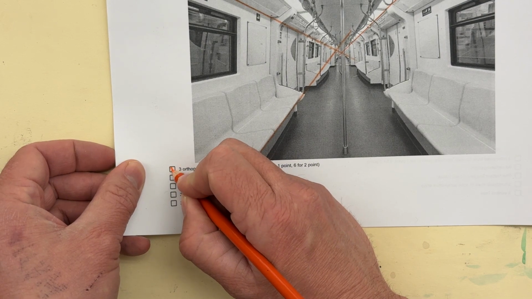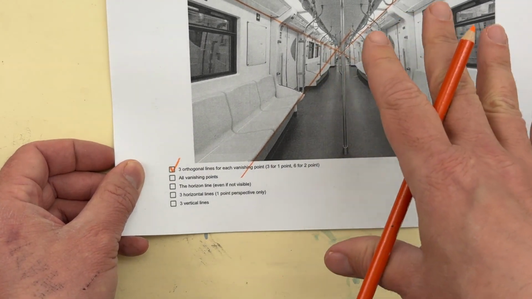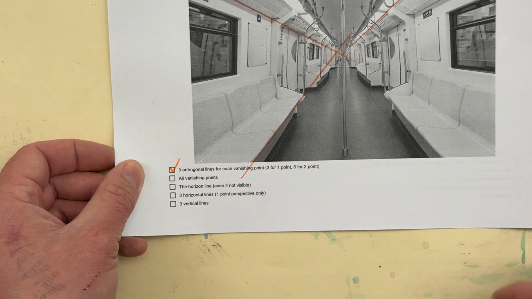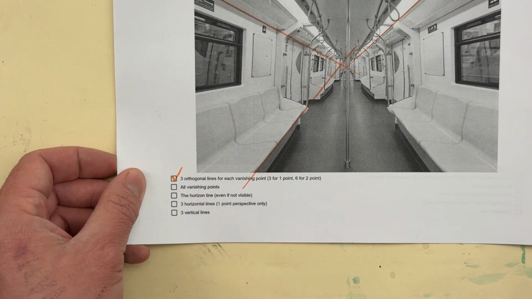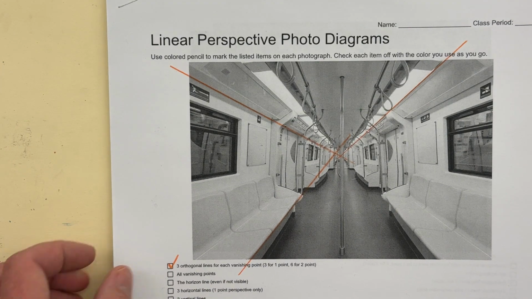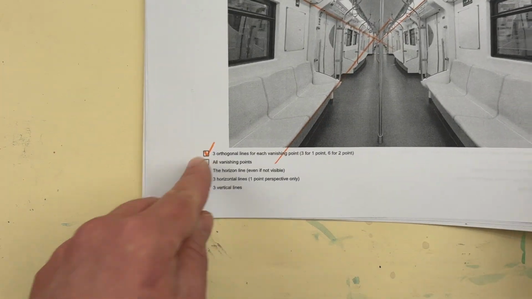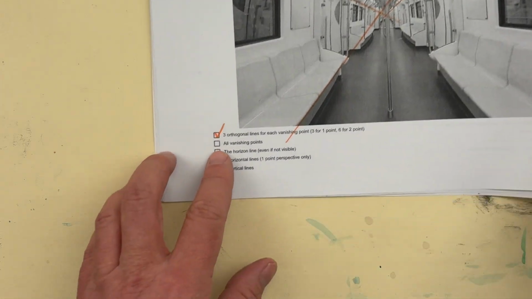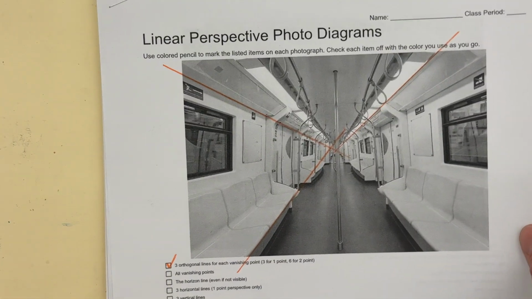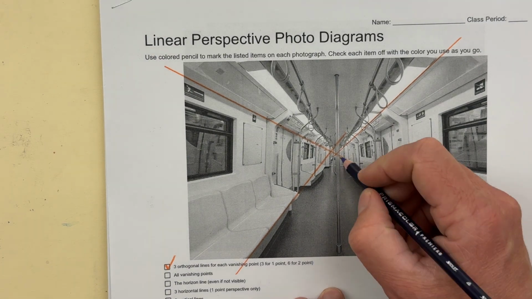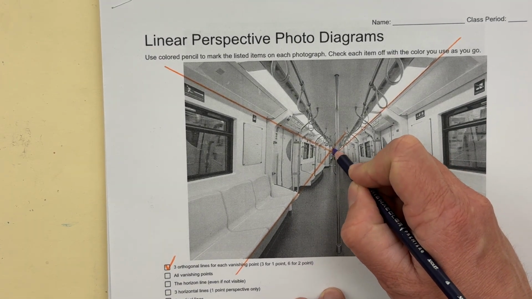When we do these diagrams from photos, there's a good chance not everything is going to be perfect. There's going to be some wonky stuff that happens, but that's okay. We want to make sure we just have the basic idea of how to do this. All right, so I'm checking that off with my orange to show that those are done in orange. And now I'm going to find the vanishing point. So this is 1-point perspective. So we have a single vanishing point, and it's going to be where these orthogonal lines meet.